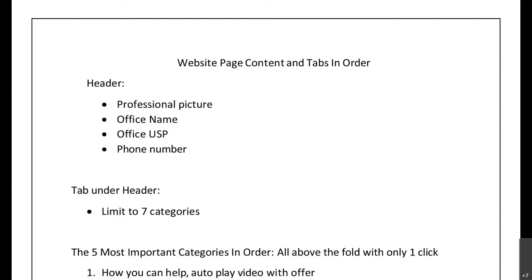But that can easily be put off to the side or even in the footer. So that is not very important in the header at all. Now, under the header you want your tab. The tab is what holds the pages. Now, what's important to know about the tab? Well, you need to limit it to 7 categories. Also, it needs to be in the order that the patients want the information.